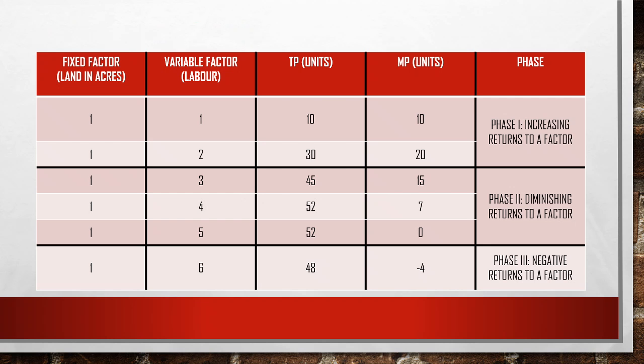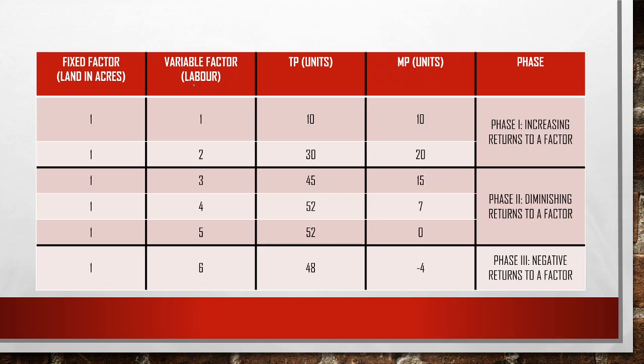So this is the table. This table clearly shows the three phases of this law. The fixed factor is constant throughout. One variable factor, which we have taken as labor, increases from 1 to 2, 3, 4, 5, 6. So it goes on increasing.